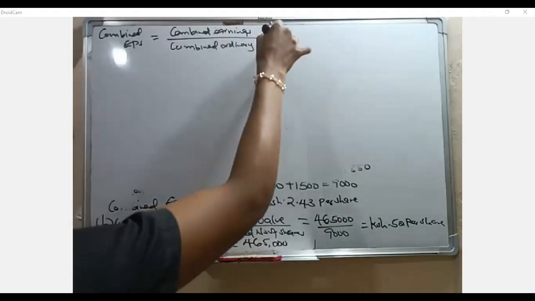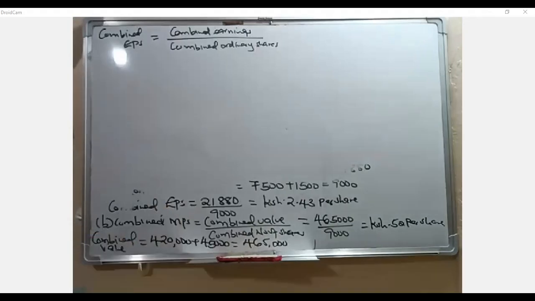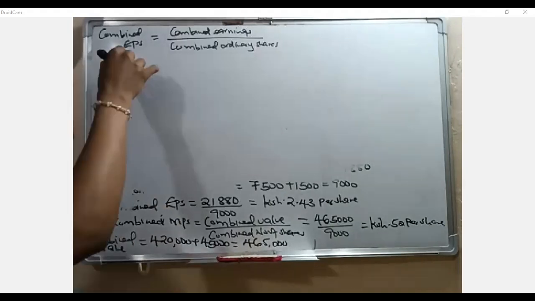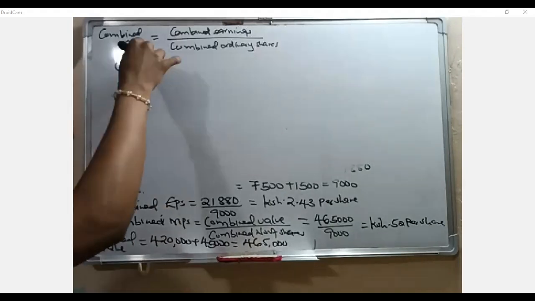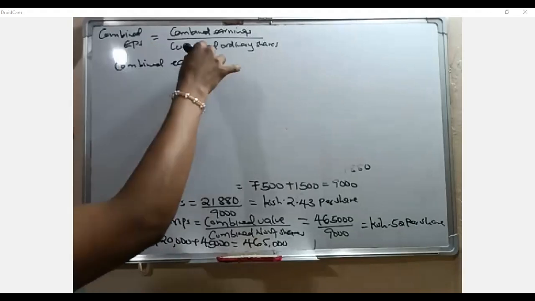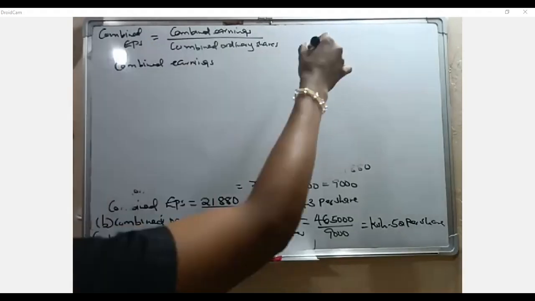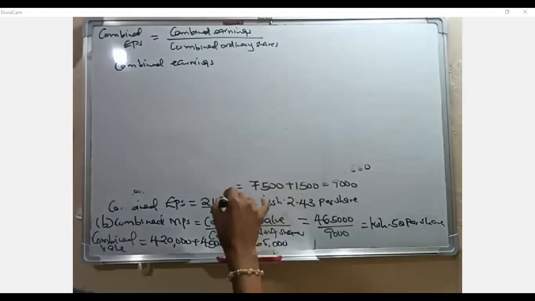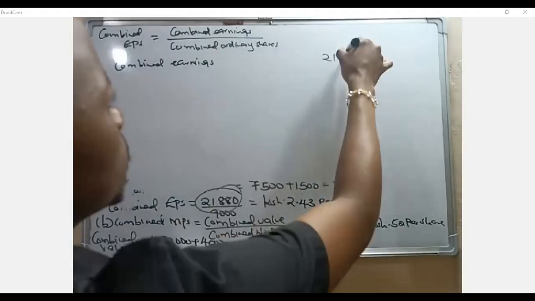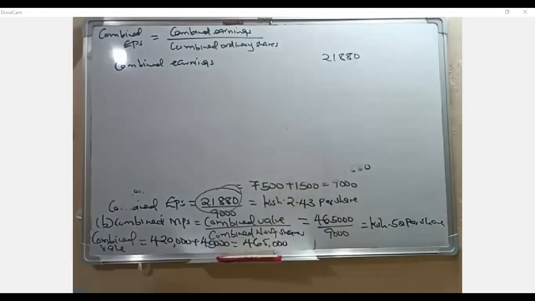So let us look at what is happening here. When you look at our combined earnings, we were able to get 21,880. Now, let us deduct the after-tax interest, because we need the combined net earnings.